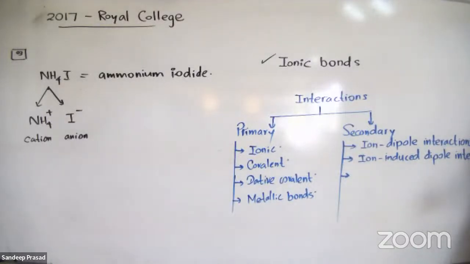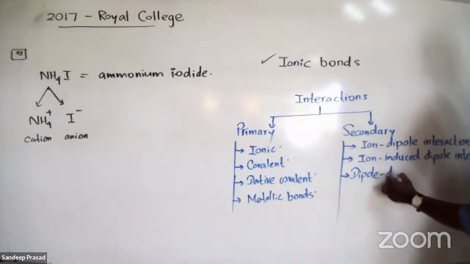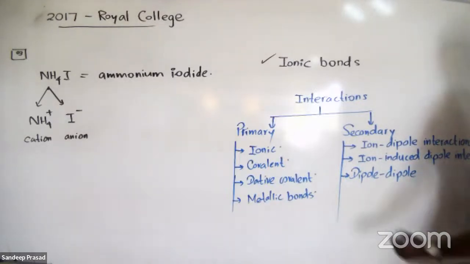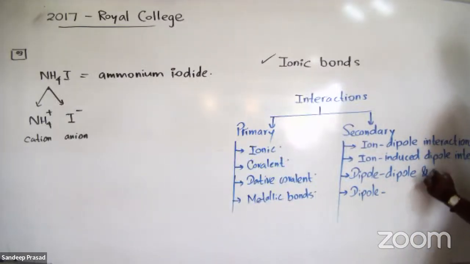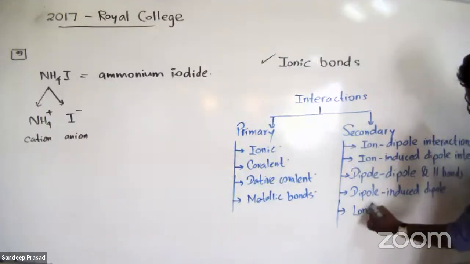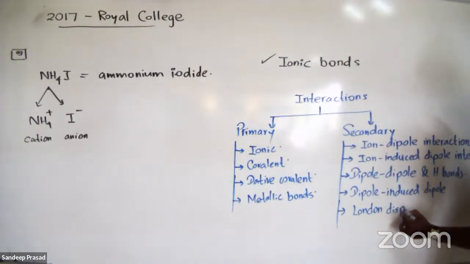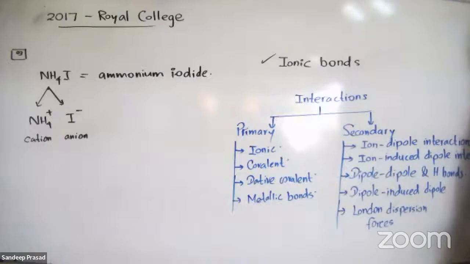Then dipole dipole interactions and hydrogen bonds. Then we have dipole induced dipole interactions. The last type is London dispersion forces. So these are the five secondary interaction types.